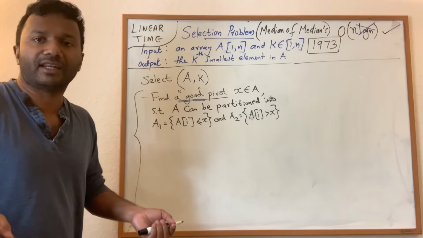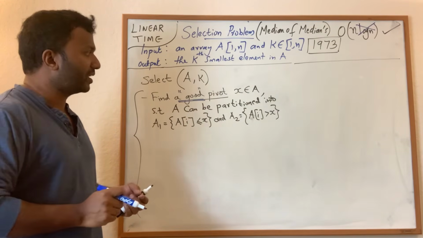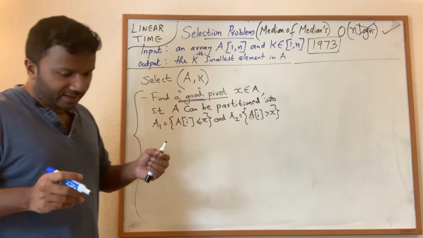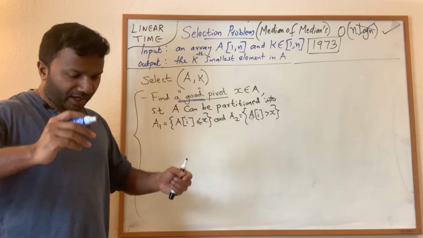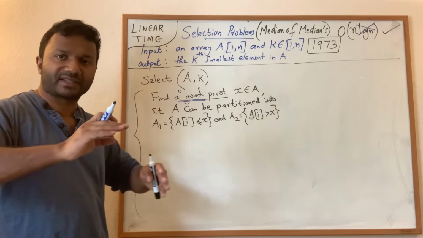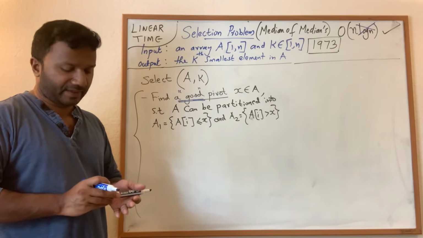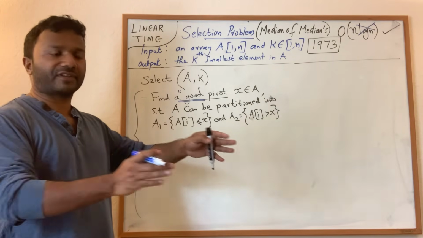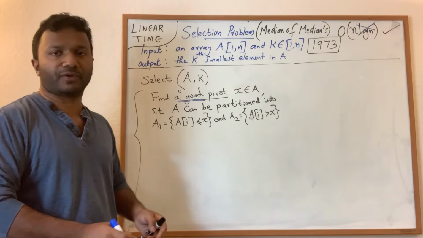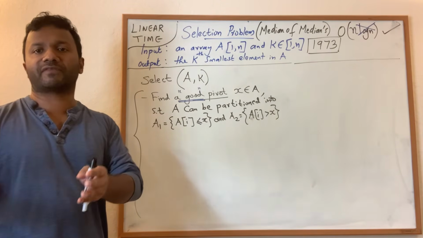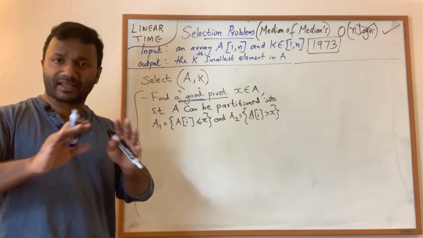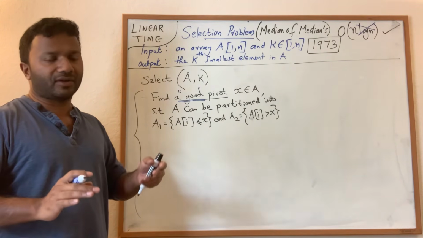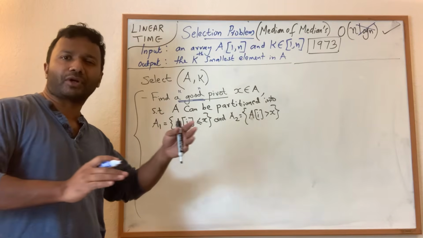I mean, I don't want just any number, I want a good number. And by good, what I mean is I want to make this partition somewhat balanced. A well-balanced partition will make sure that 50% of the numbers will go to one array and the remaining 50% will go to the other array. That is a well-balanced partition, but I'm okay with a slightly unbalanced partition, but not too much.